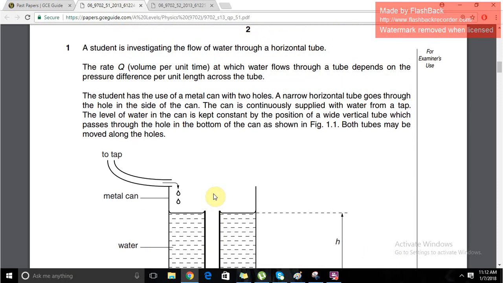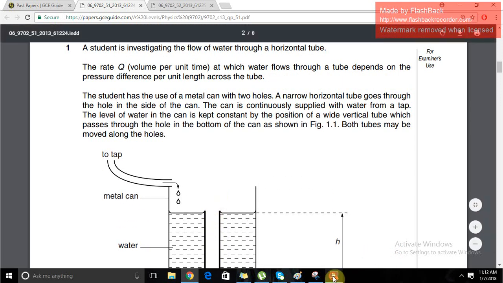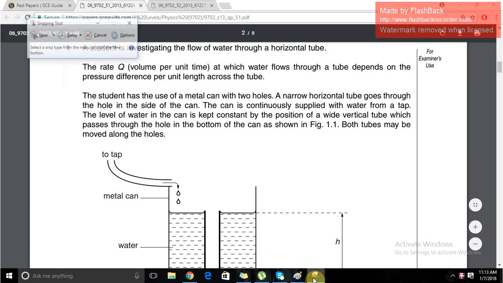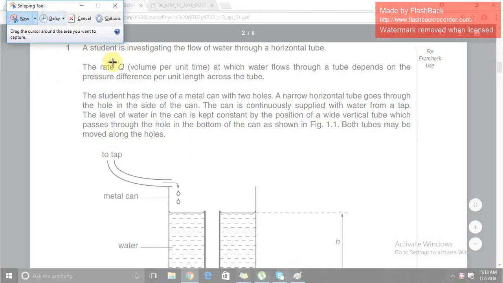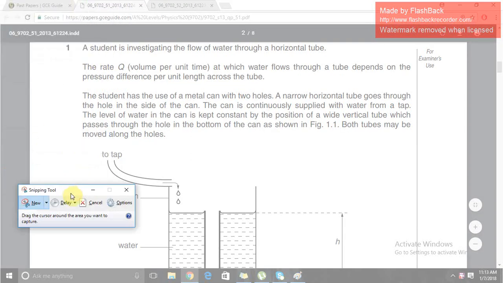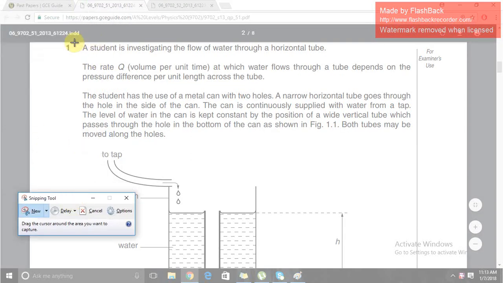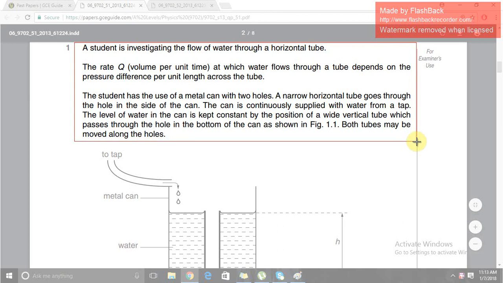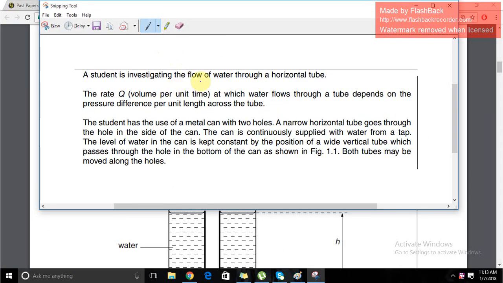So what are the things you need to really keep in mind? First of all, that we are investigating the flow rate through the horizontal tube, and the vertical tube is basically just to standardize the whole setup so that we have a constant level. So let's just underline this.